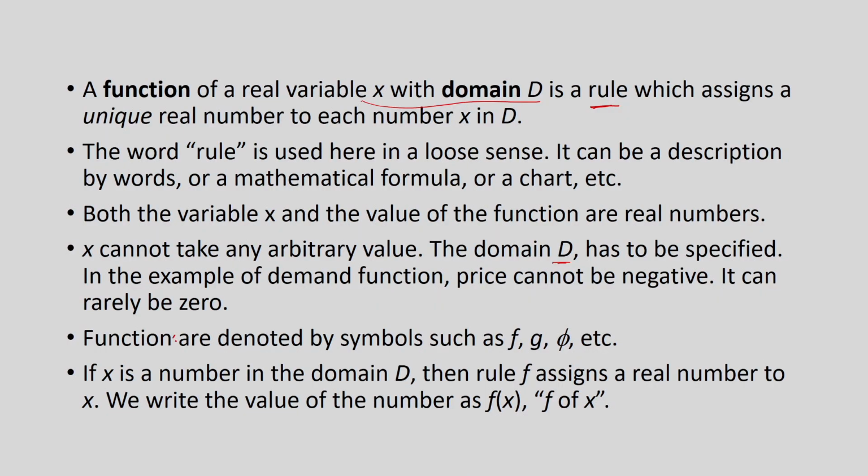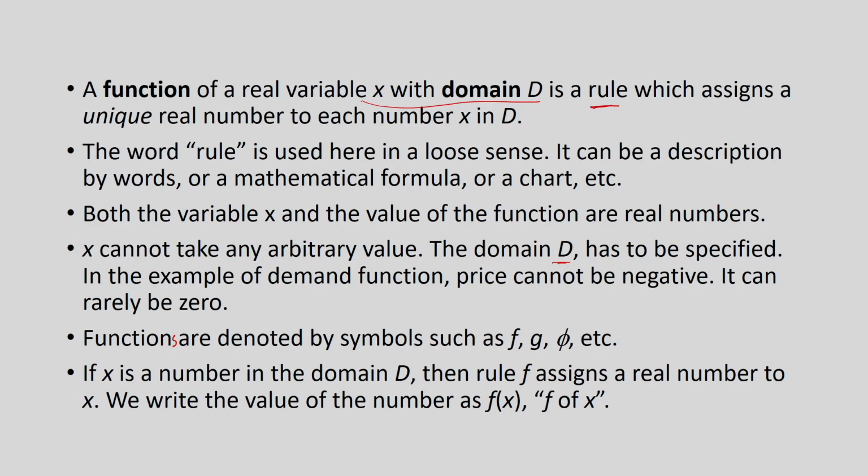Functions are denoted by symbols such as small f, small g, phi, etc. In some cases capital letters are also used, but small letters are generally used to denote functions. If x is a number in the domain capital D, then the rule f assigns a real number to x.